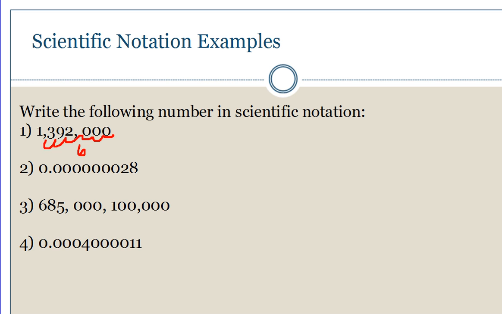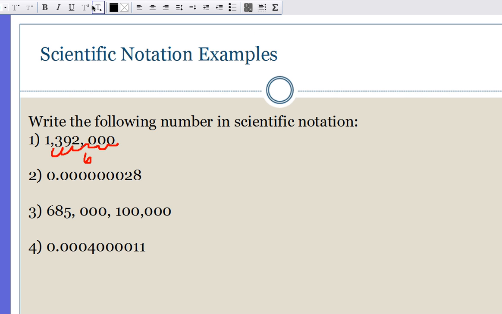So then I'm going to rewrite the number to where I moved the decimal, so this is going to be 1.392. Then I've got to add a times 10. Now the times 10 part takes care of how I moved my decimal.